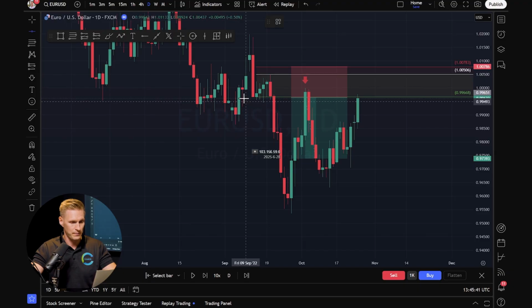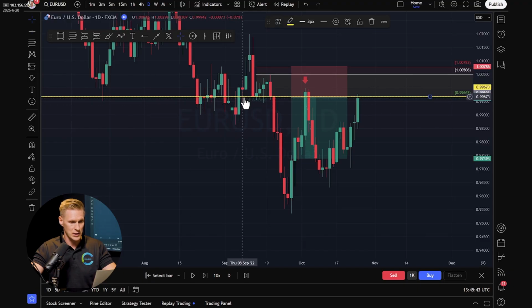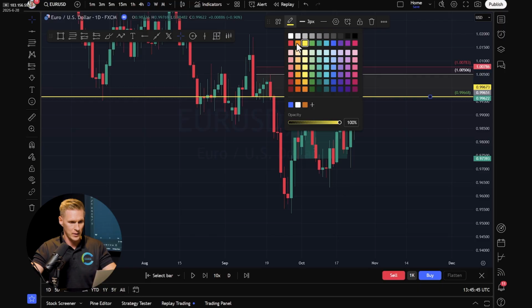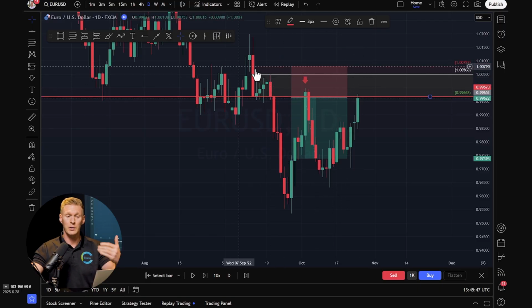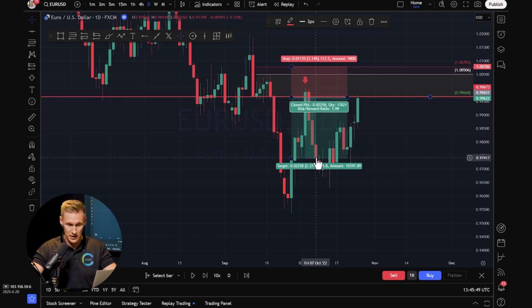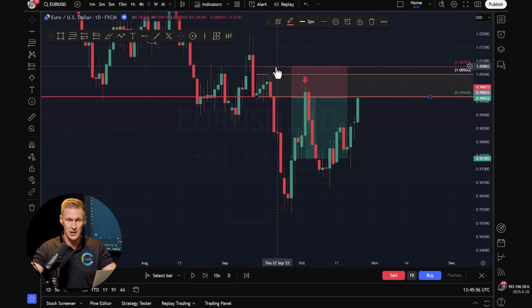Let me move this. I will change the colors to red. Okay, then we will move whenever we hit, that was at this point, our 2 to 1. Then we have to move our initial stop loss to break even. We'll move it to our entry.